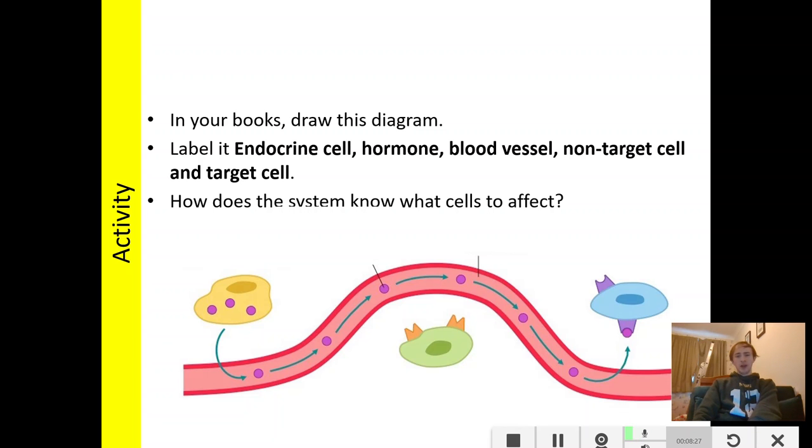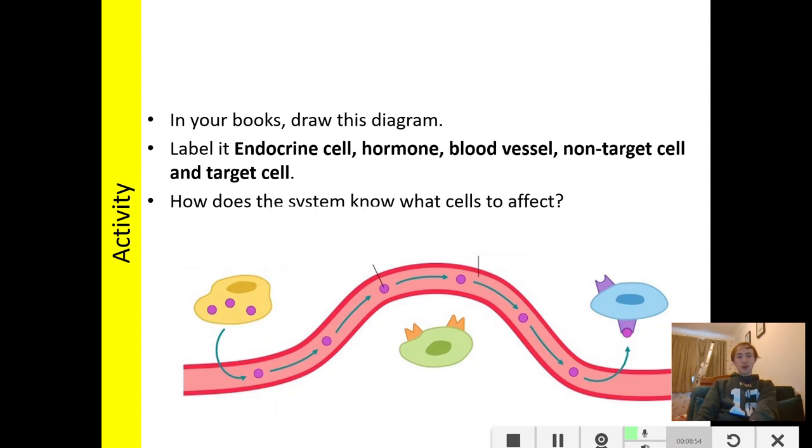Some hormones affect pretty much every cell, like she said. An example of something that affects a lot of cells in your body would be testosterone. Testosterone is a hormone which we're going to talk about later, but it causes you to undergo changes involved in puberty, for instance facial hair growth, increased musculature, broader shoulders, genital growth, and so on and so forth.